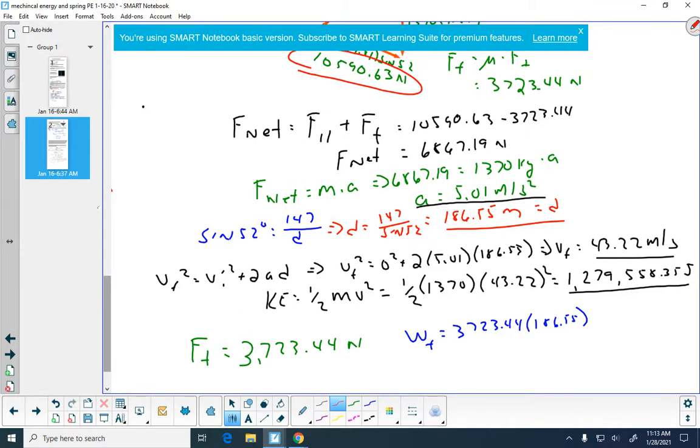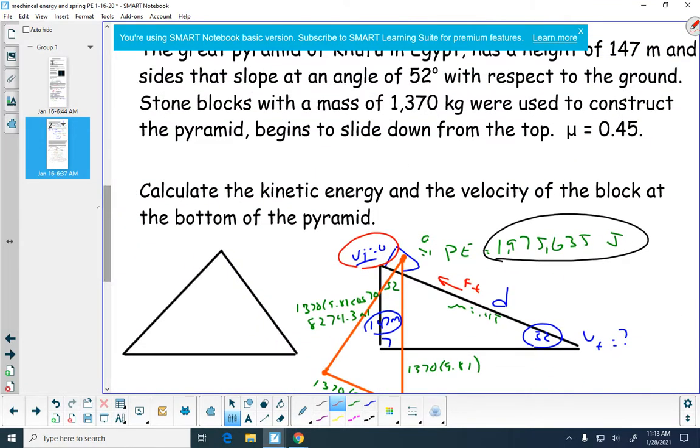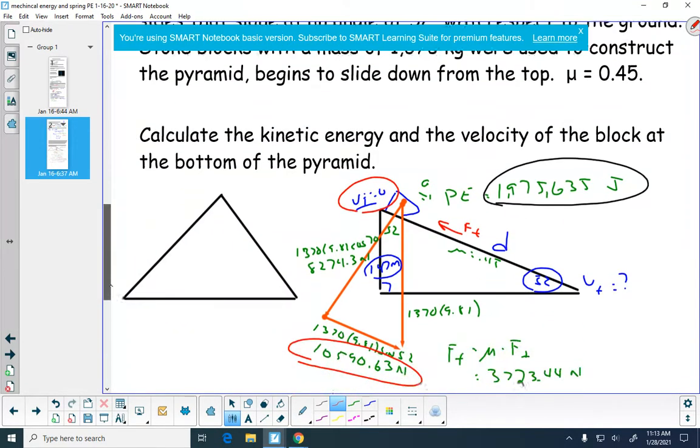How much work do we have there, Katie, with friction? 694,607.73. And if we take this amount of joules and add it to the kinetic energy at the bottom, we will be very close to the 1,975,000 and so on.